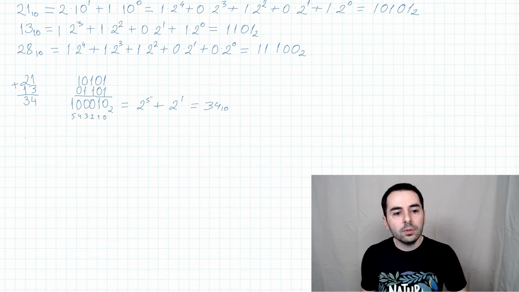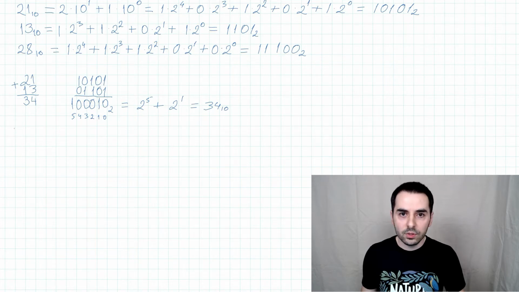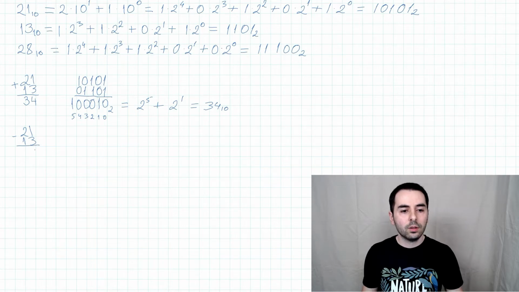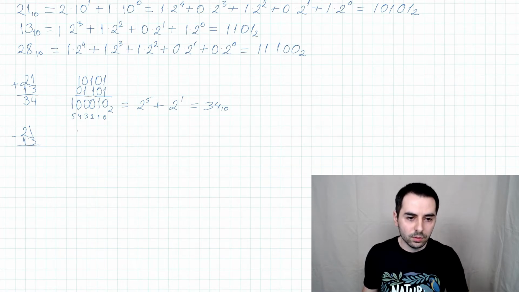Similarly, let's see subtraction. If we do 21 minus 13, let's do this. 1, 0, 1, 0, 1.